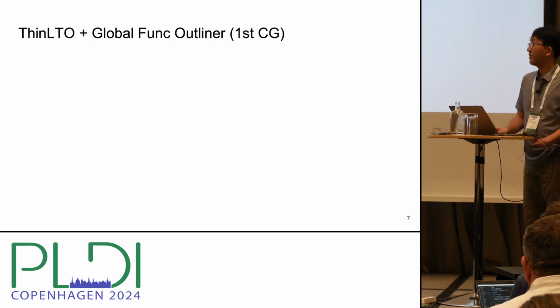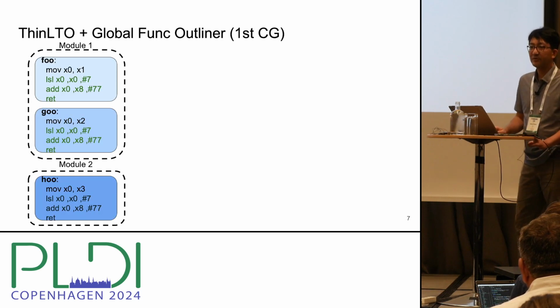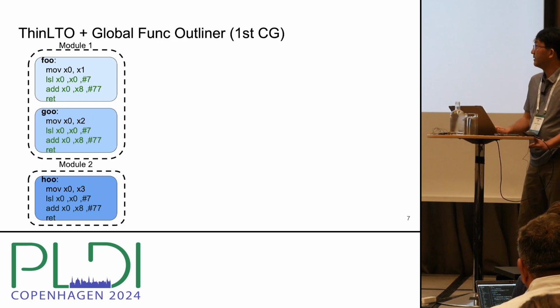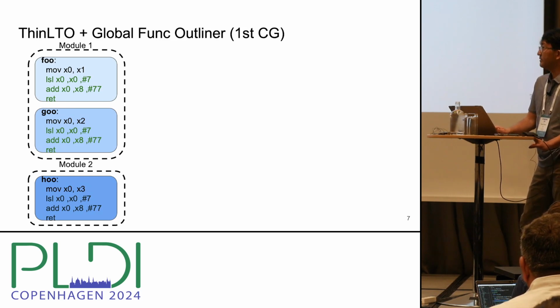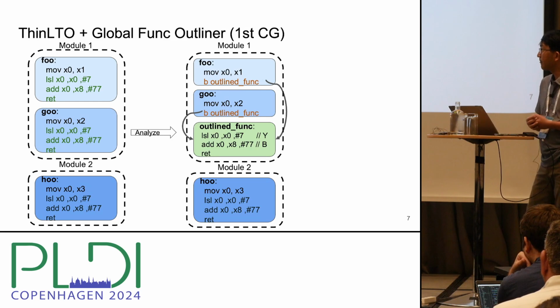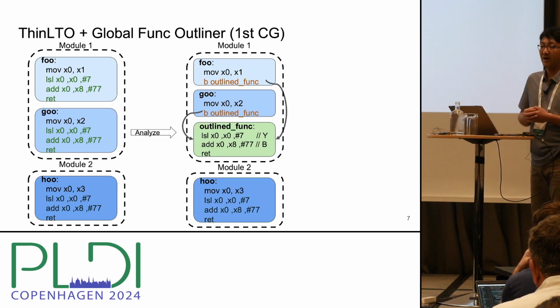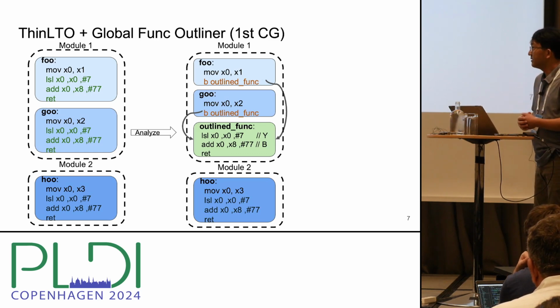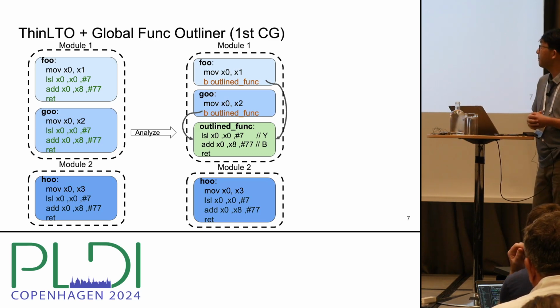Let me give you a more concrete example. Let's say we have two functions in module 1, and another function in module 2. They look very similar. The code sequences in green are identical, so we can replace them with an outline function like this. However, the function in module 2 cannot be outlined because it's a singleton. There is no match within it.